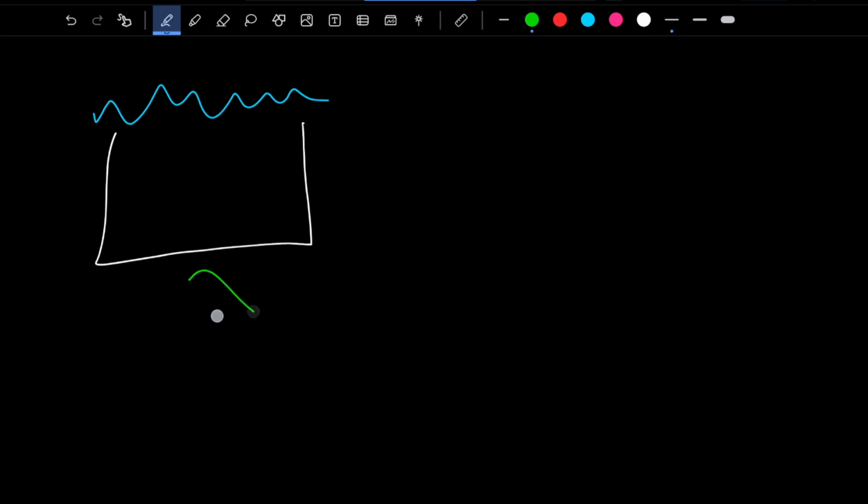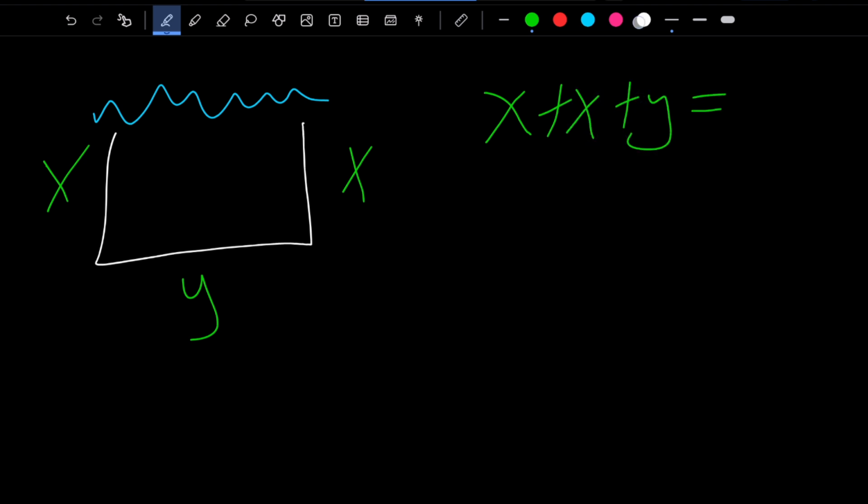This is going to be the width, and then this will be the length. And then we know 2x plus y is going to equal 100. So which dimensions will give the maximum area?